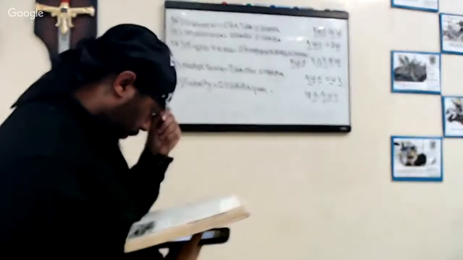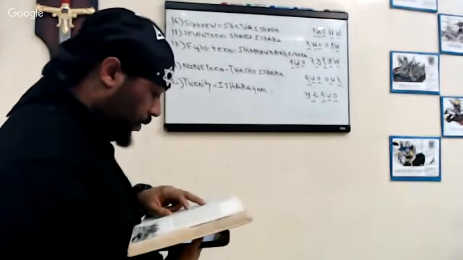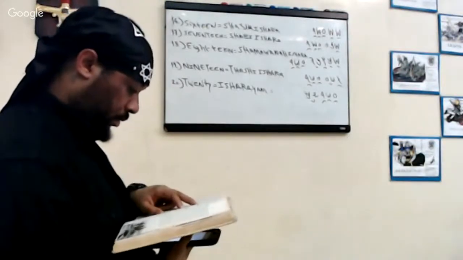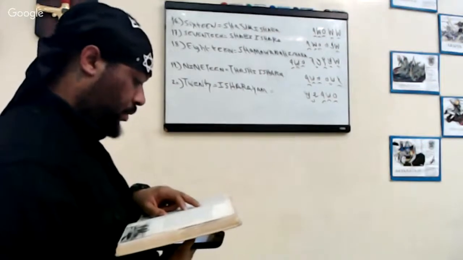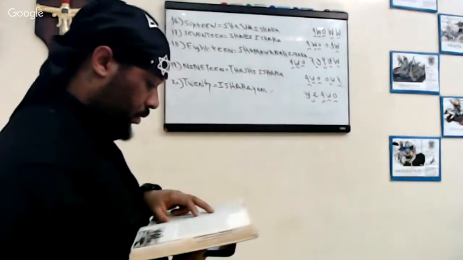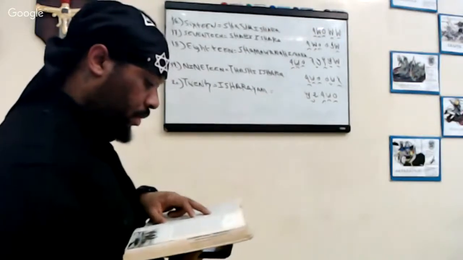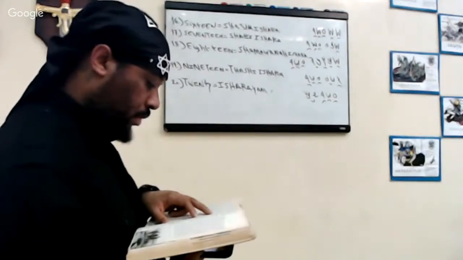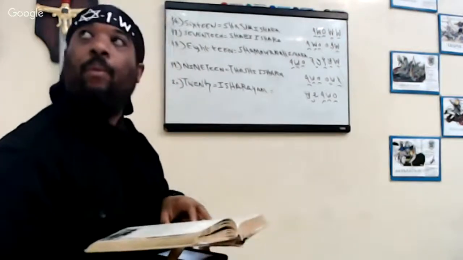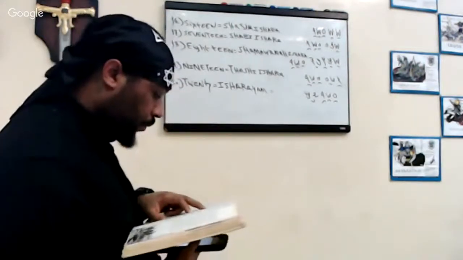A decimal is a period, and that period is used to state something is a divide of 10. That decimal, that DEC, it means 10. In the metric system, you have decimeters, right? So we use a decimal system to say things are out of 10.